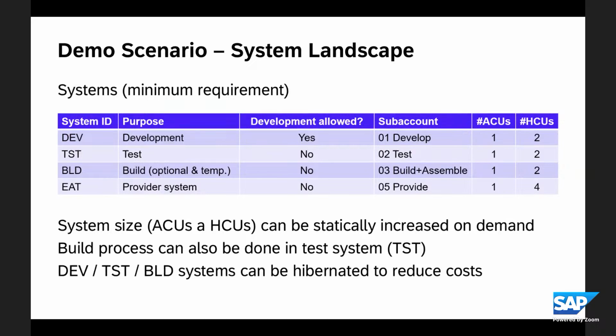It's recommended to use a separate system to have a clean starting point for the assembly, but yeah, it would be possible also to use the test system. And as I mentioned, system hibernation can also be used here for the systems if they are not required, maybe next night and so on, or at the weekend, in order to save costs.